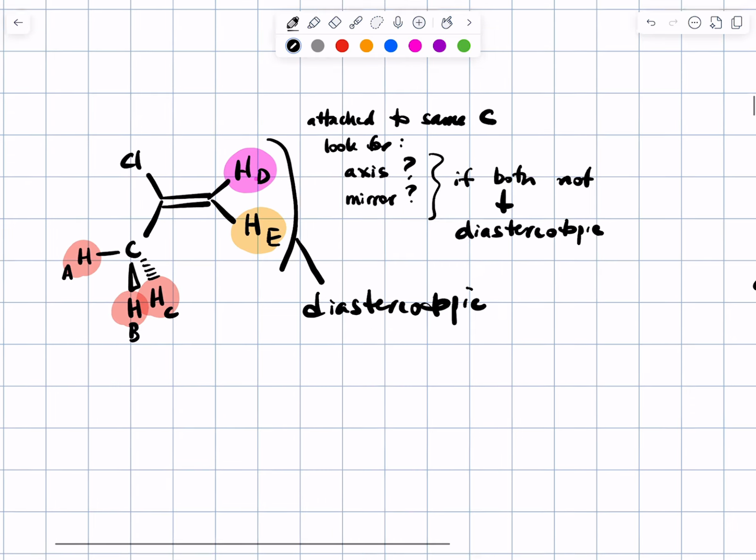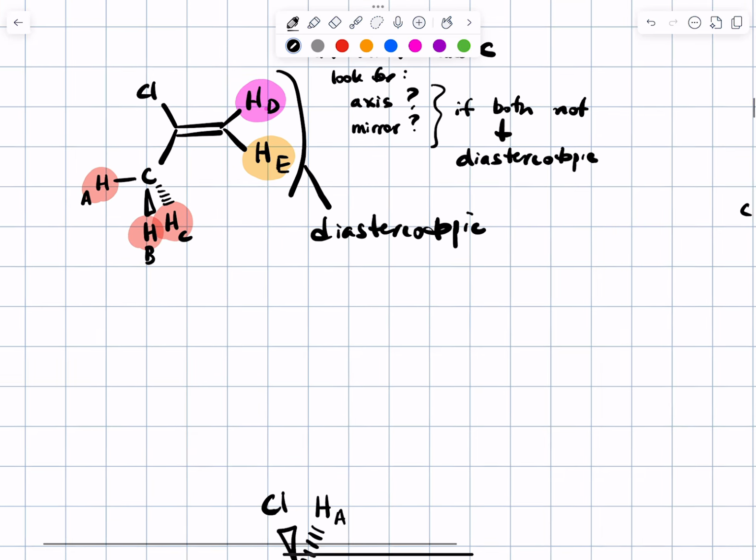Why are they diastereotopic instead of just plain different? For this, the thought experiment might help illustrate this. Again, in the thought experiment, you replace one of the 2 groups, let's say HD, with something else like the Q, and then you replace HE with Q, and then you ask yourself, what is the relationship between those 2 molecules?